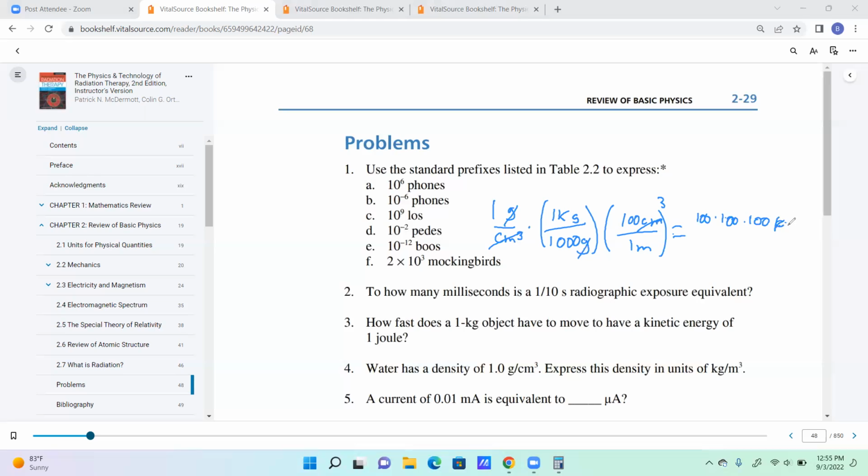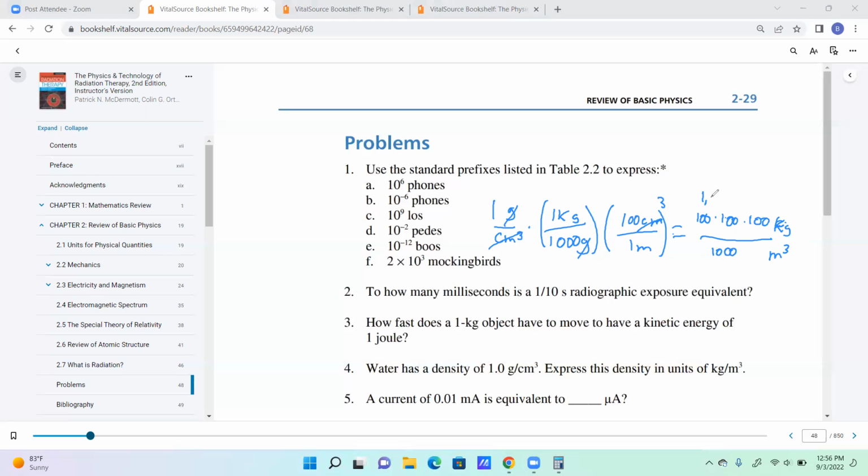It's kilograms over 1,000. It's meters cubed. So 100, let's see, 1, 2, 3, 4, 5, 6.